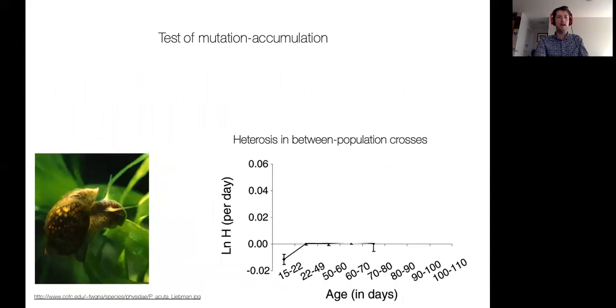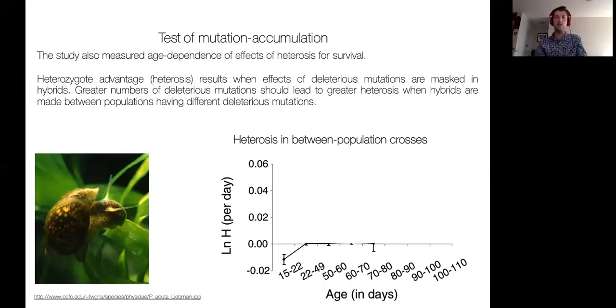And they went further and looked at heterosis. Heterosis is heterozygote advantage. Again, thinking about these recessive deleterious mutations, in a mutation accumulation world, different populations will accumulate deleterious recessive mutations that are expressed later in life.